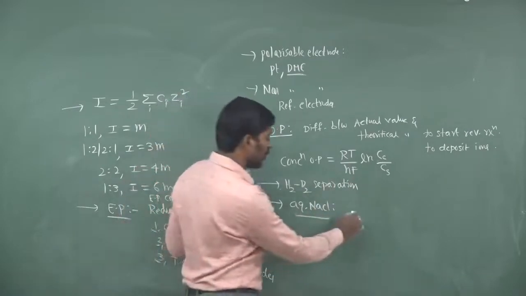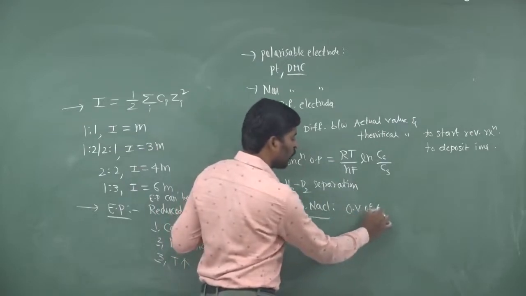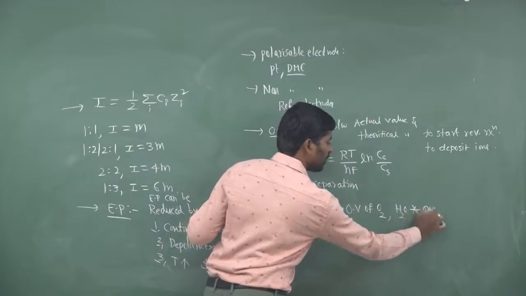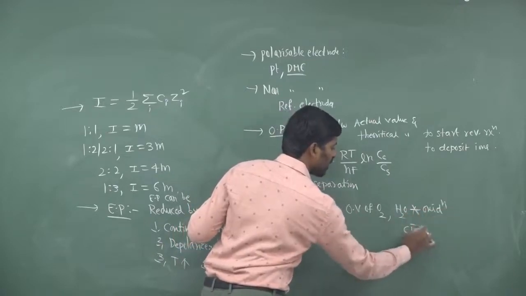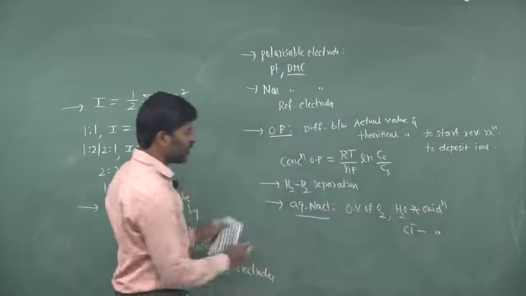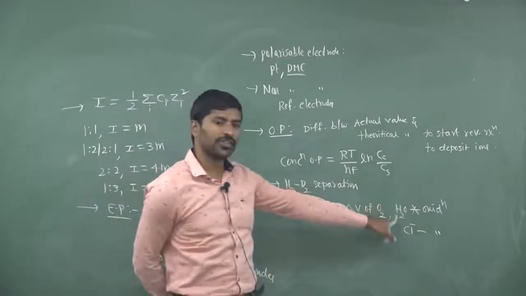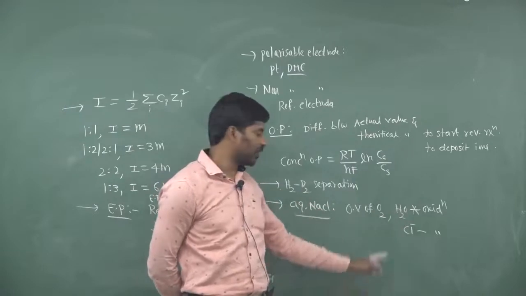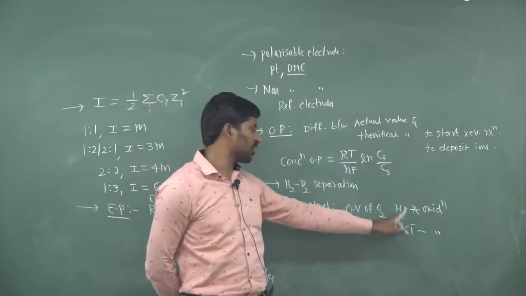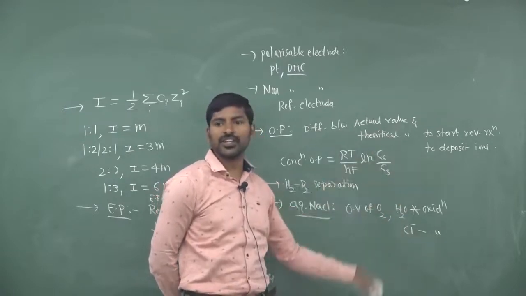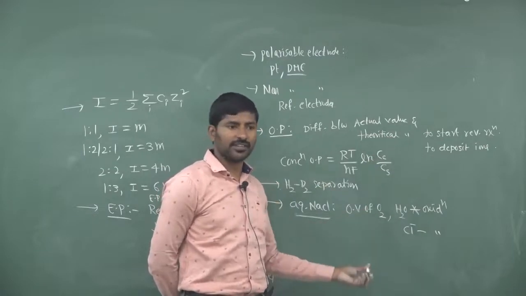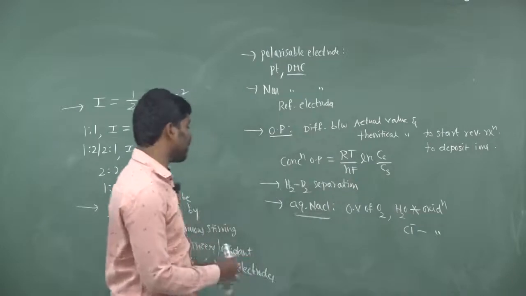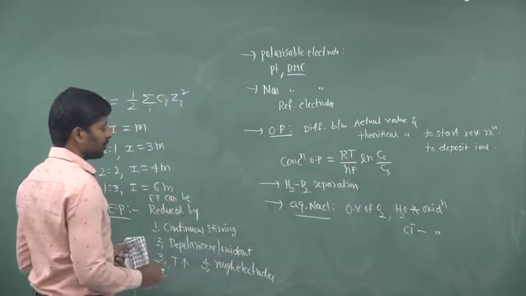That is due to the overvoltage of O2. H2O cannot undergo oxidation, but Cl minus ions do. Even though the oxidation potential of water is higher than that of chloride ions, water cannot undergo oxidation. If water did, oxygen gas would be evolved, but oxygen overvoltage is high, so oxygen cannot be evolved.